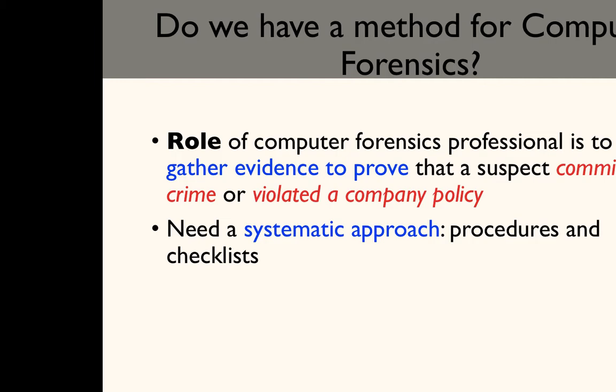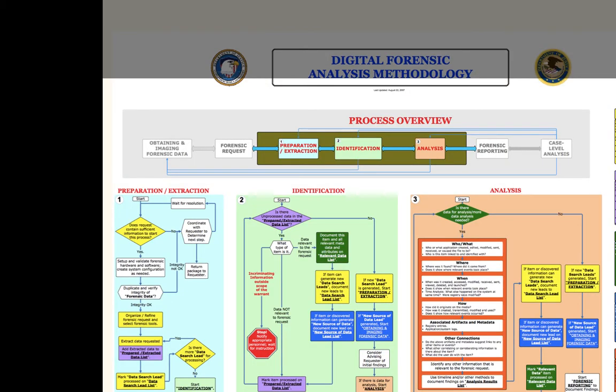There are procedures and checklists. So I already showed you there is a guidance at a federal level. There is a federal rules of evidence, and also other agencies, including Department of Justice, they have been developing all kinds of procedures, protocols for the agents to follow.